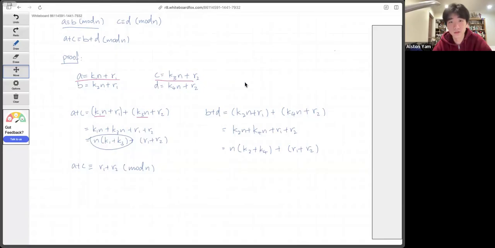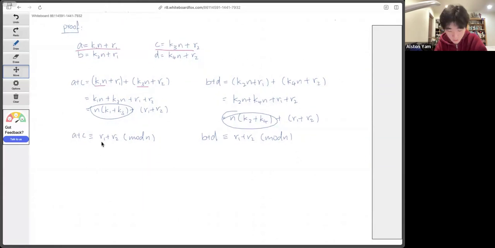And just as we've done before, we can ignore the n times (K2 plus K4) term because this is, after all, a multiple of n. And we can also say that B plus D will be congruent to R1 plus R2 under mod n, because we have just computed this thing over here with our representation of B and D. So what we notice here is that we have R1 plus R2, and we also have R1 plus R2.